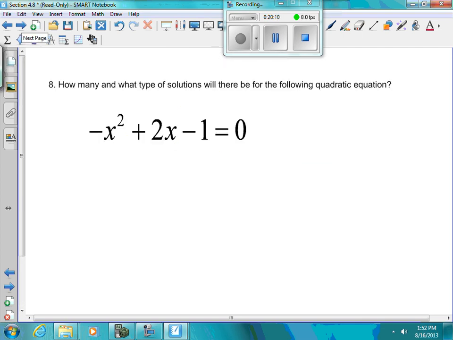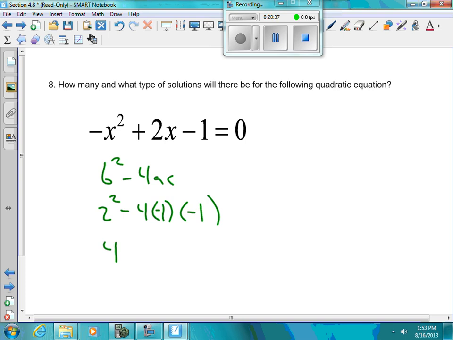This one, if you want to try this one on your own, give it a whirl here, and check it real fast, in case you still need extra practice. How many, what type of solutions? B squared minus 4AC. B is 2. Negative 1 is A. Negative 1 is C. We get 4.